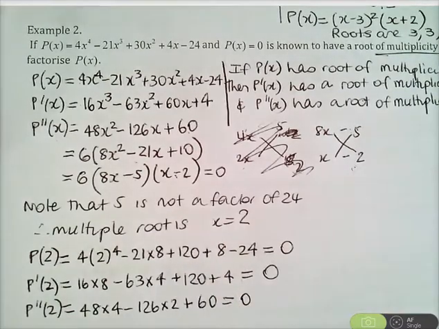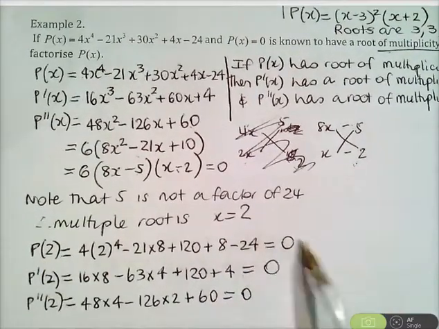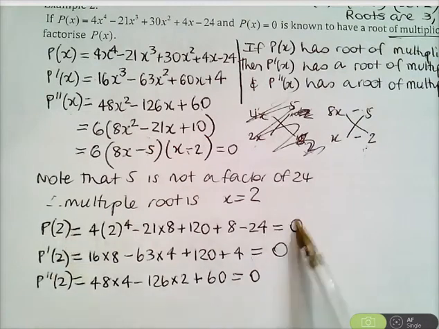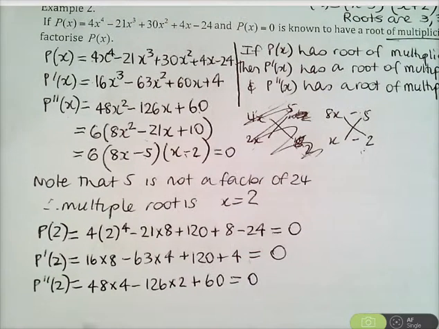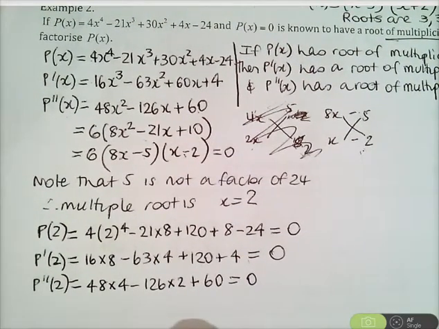So therefore, we can see that the function and each of its derivatives evaluated at 2 are all 0. So therefore, we've got a root of multiplicity 3.